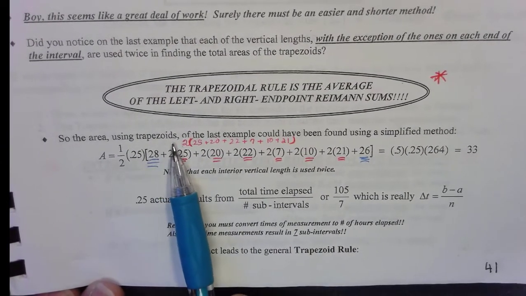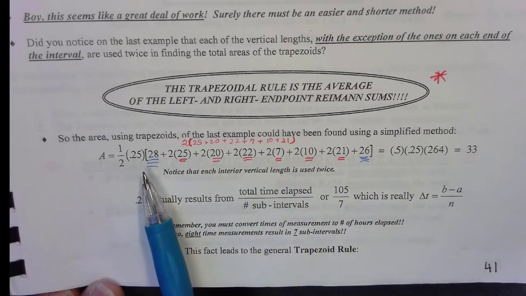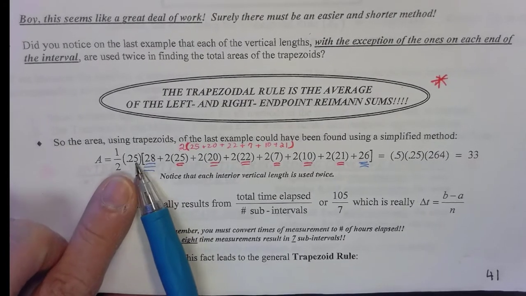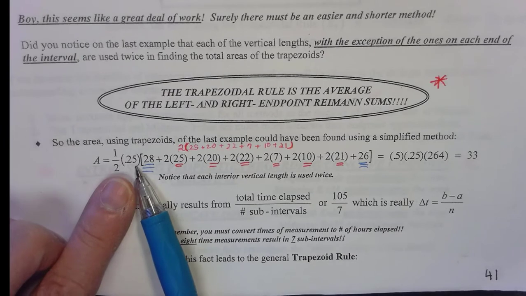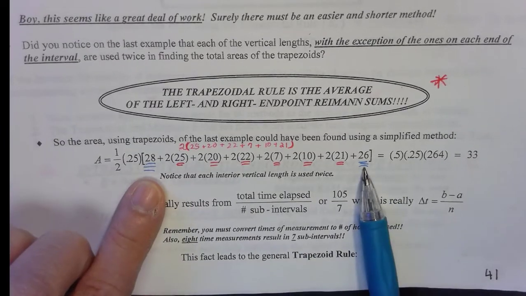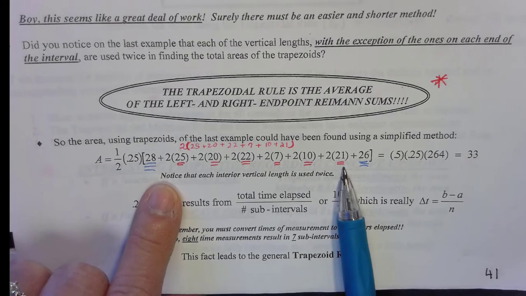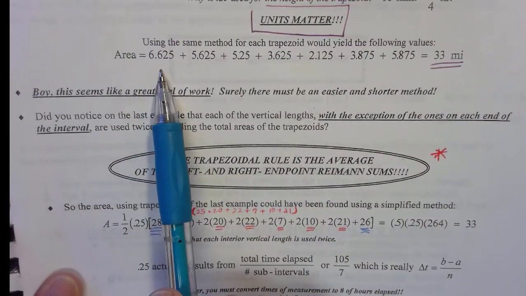So areas using the trapezoids in the last example could have been found using a simplified method, and that is 1/2 the height of each trapezoid, which was 1/4 of an hour, and then the first and last measurement used once and all of the others used twice. That'd be easier than individually finding each area like we did right here.